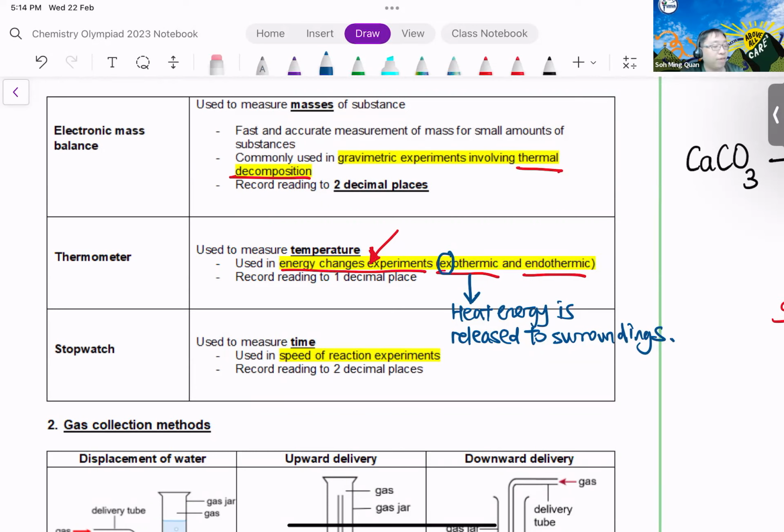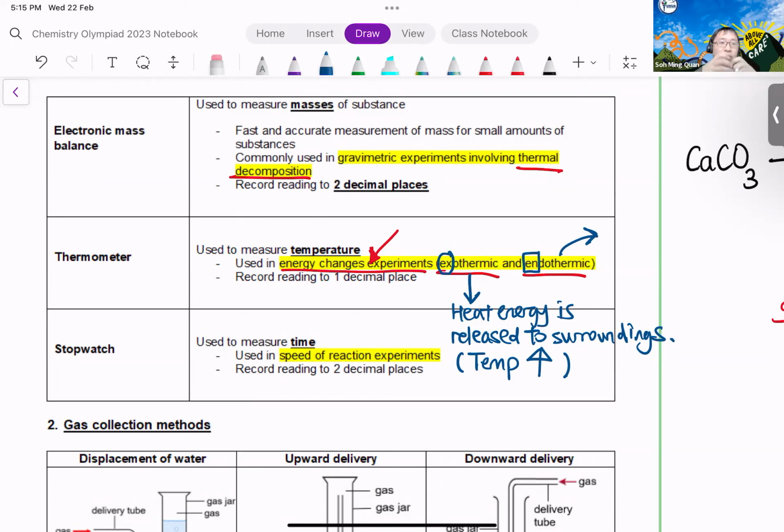Now, this is important. If heat energy is released, the temperature increases. One good example is burning. When you burn something, heat energy is released. This tells you that burning is an exothermic reaction. The opposite of that is endo. The pure bio students should know this very well because when you learn cells, you learn endoplasmic reticulum.